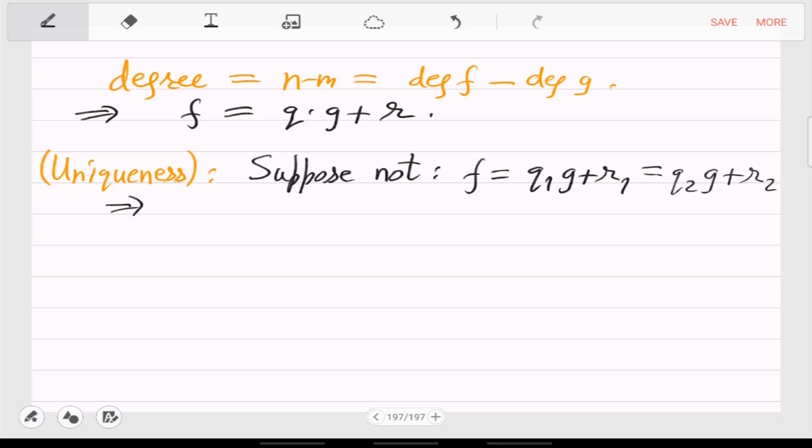Then what happens? No, you subtract. So (q1 minus q2) g is equal to r2 minus r1. Right, you take the difference of the second and third polynomials, you rearrange, you get this, then what?